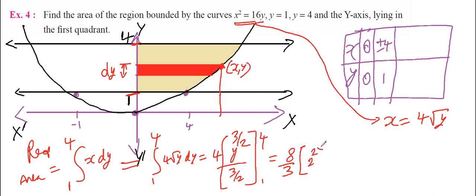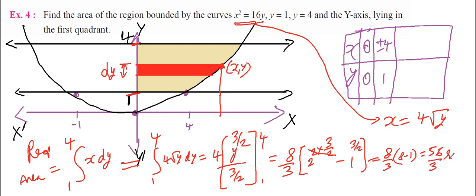So it is 2 square into 3 by 2, minus, substituting the lower limit, 1 to the power of 3 by 2. So I get 8 by 3, and 2 cube is 2 to the 4, which is 8, minus 1. This is 7. 7 times 8 is 56. So 56 upon 3 square units is the required area of this shaded portion.